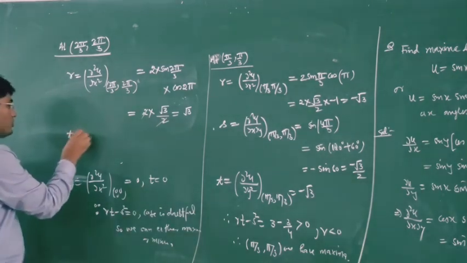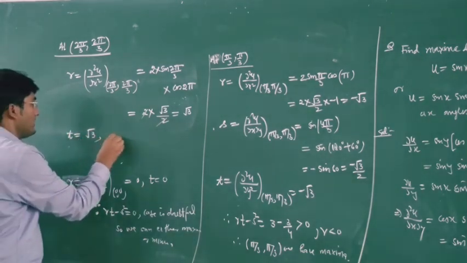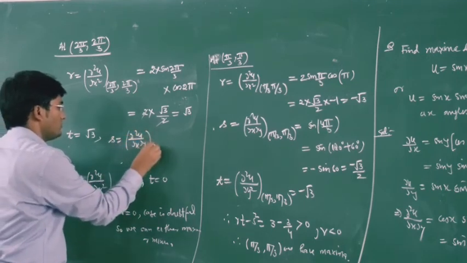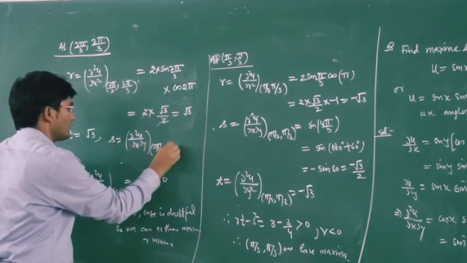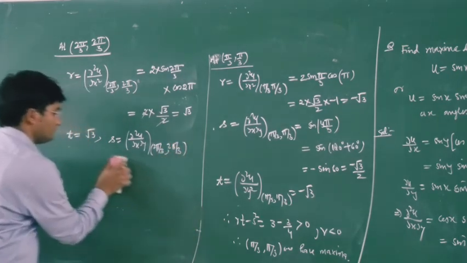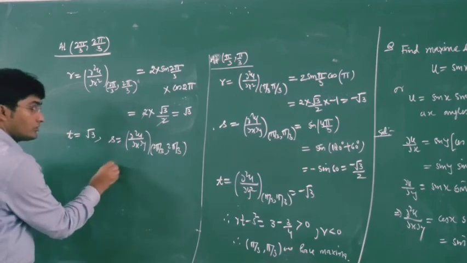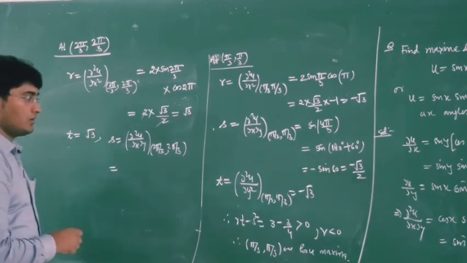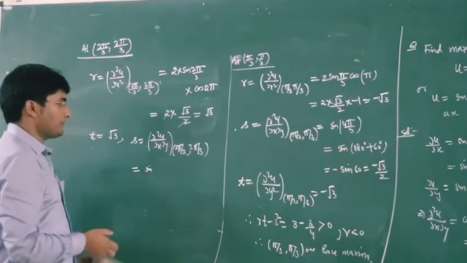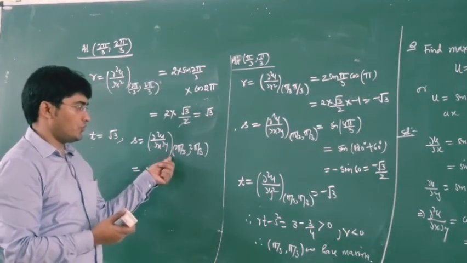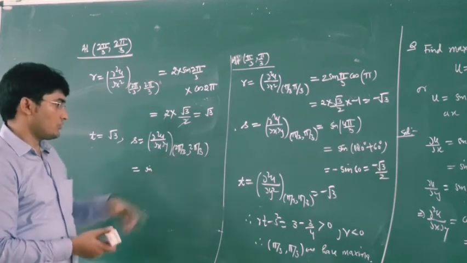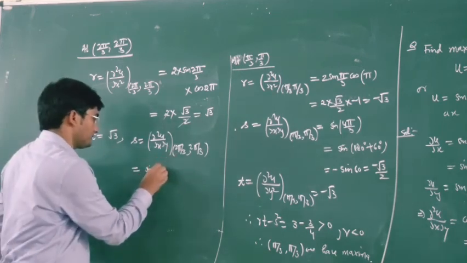Similarly, our t will be root 3, and our s is del t upon del x del y at 2 pi by 3, 2 pi by 3. So this is equal to sin of 4 pi by 3 plus 4 pi by 3, so we have 8 pi by 3.